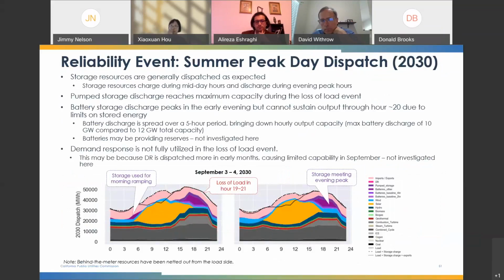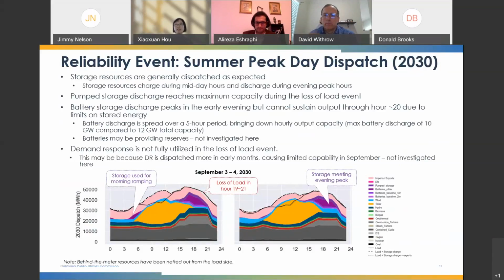This slide fast forwards to year 2030. Similarly, we're looking at a loss of load event day on the bottom left. The reason we want to look into 2030 is because this is when battery storage will start to play a critical role to provide reliability. We want to see how storage performs.